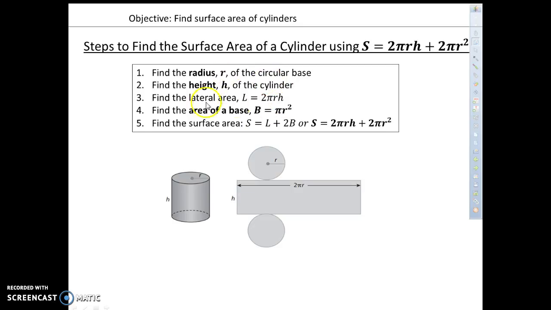This will help us calculate our lateral area, which we'll do in the third step. And once we have our lateral area, we can find the area of our base, which is pi r squared. Once we have all these values, we can plug them into our surface area formula and compute. So let's look at an example.